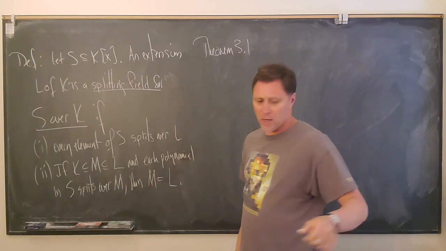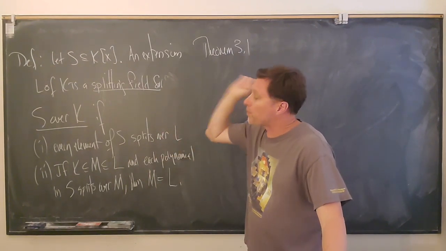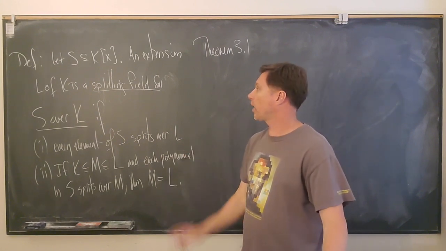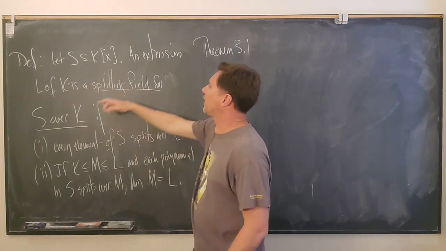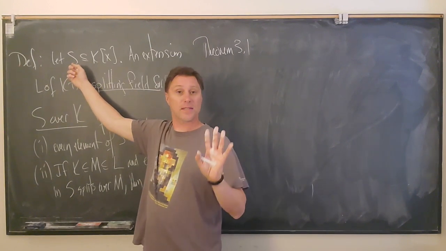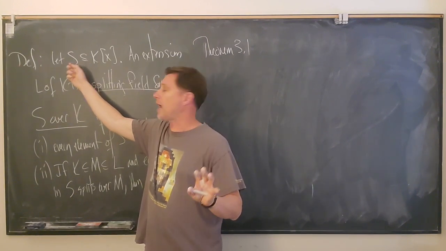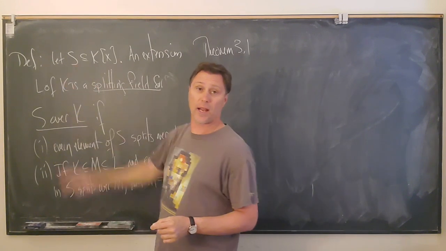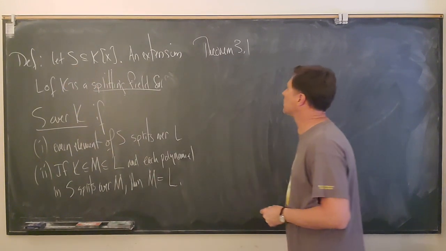And by the way, we defined splitting field for a single polynomial, so that's the case where this set S consists of a single element. And now we've generalized this, and this set doesn't necessarily have to be finite. It could be an infinite set.